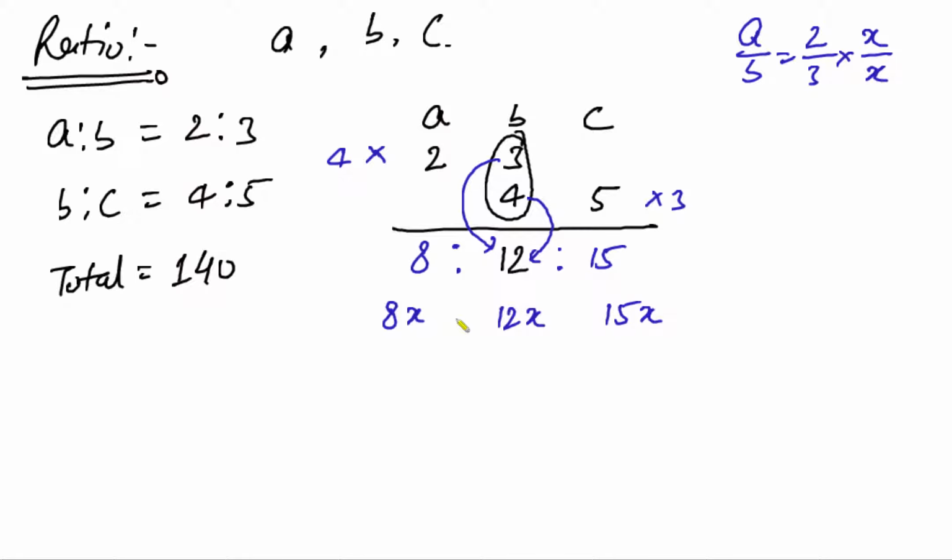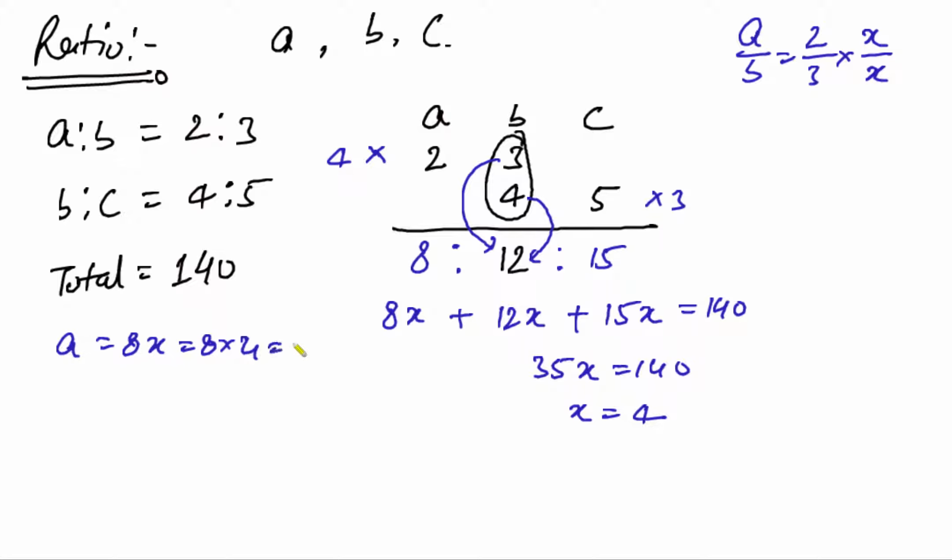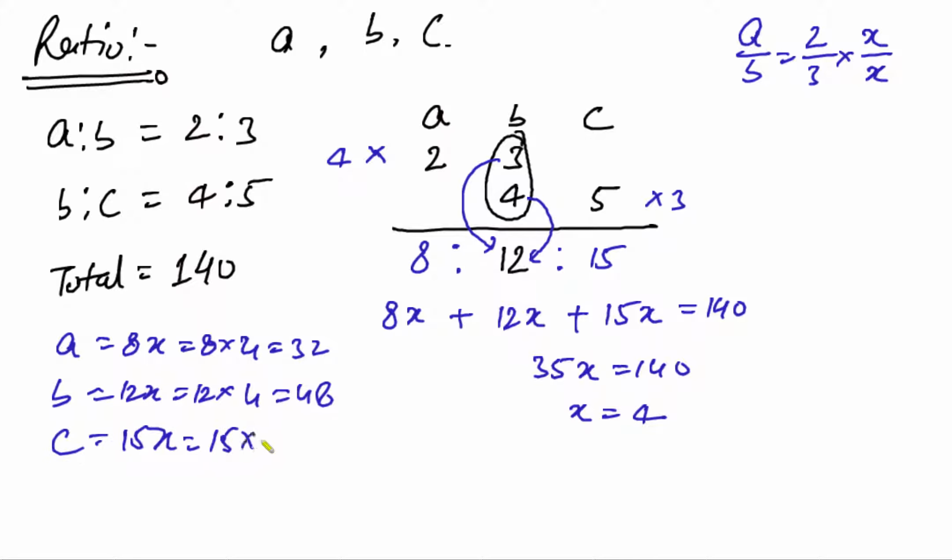But it's already given that the total students in all the 3 classes combined, which means the sum of all 3 of them, is equal to 140, which we understand is 35x = 140, x becomes 4, and if the question says how many students are in class A, then we can say 32. In class B, that becomes 48, and in class C, it becomes 60.